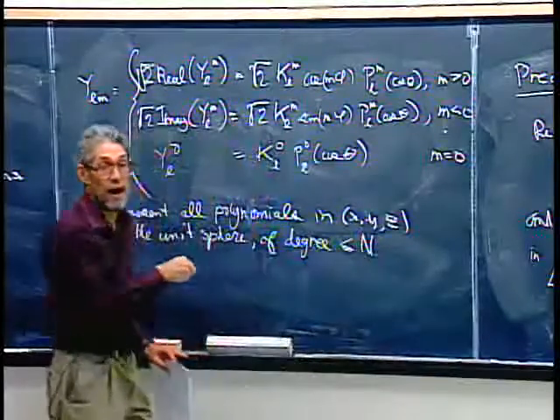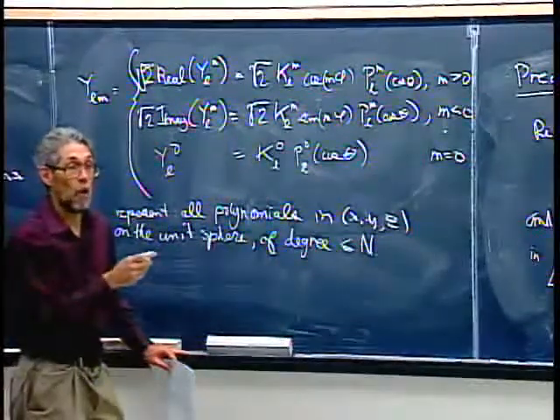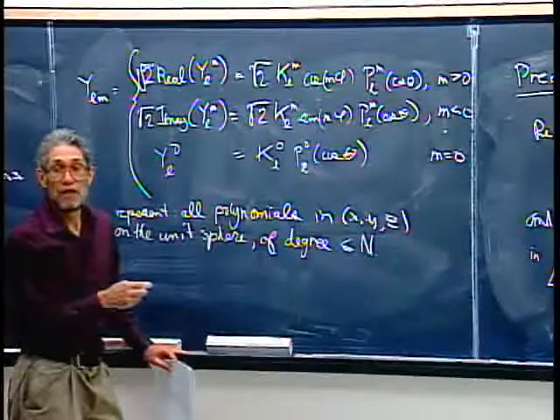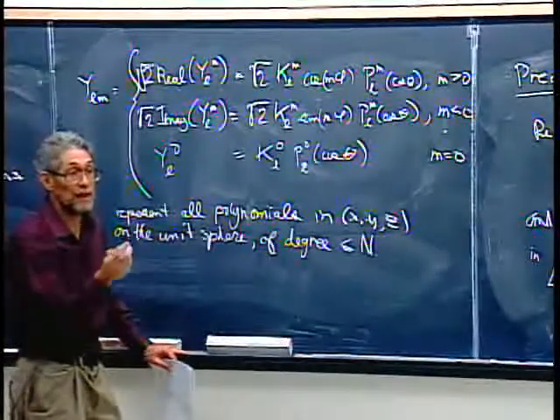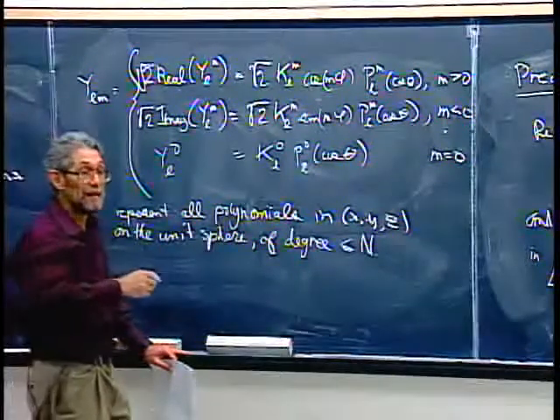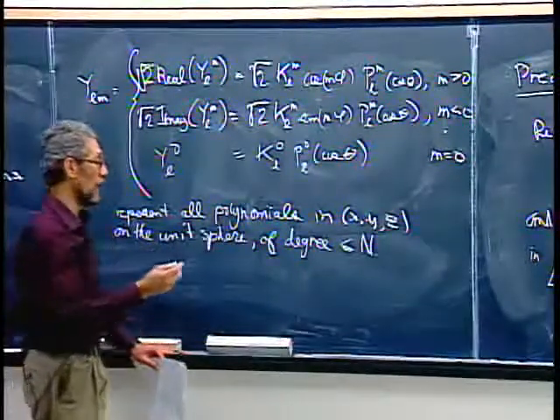That's total degree when you add up the powers of x and y and z in the formula. You'd think there are more, because you can have both coefficients and powers of x, y, and z.